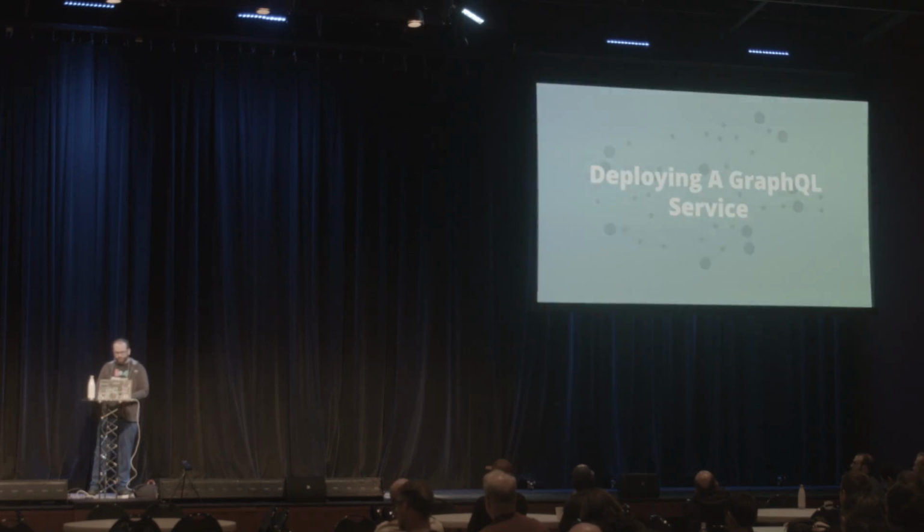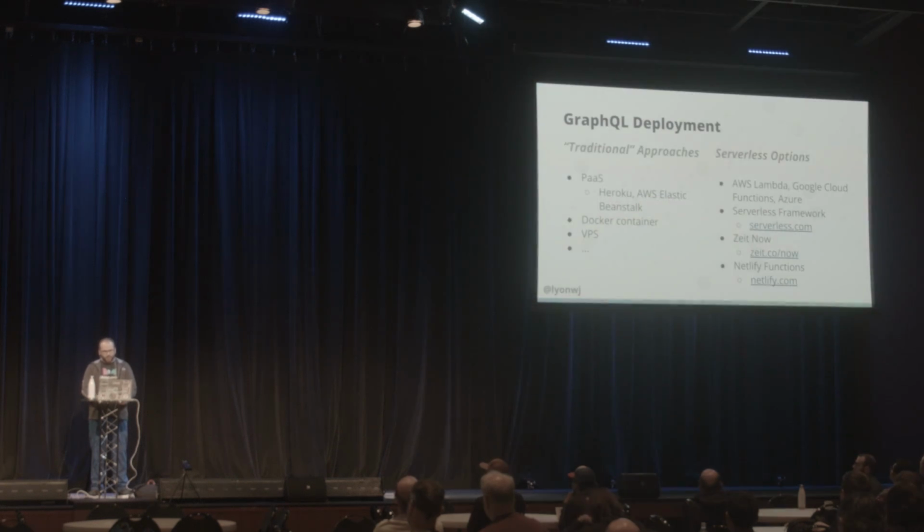Okay, cool. So we saw how we can run a GraphQL service locally. We're using Express as a Node.js app. How do we deploy these things? Well, there's lots of options here. I mean, we can deploy, in this case, our GraphQL API any way that we might deploy a standard Node app using platform as a service, like on Heroku, Elastic Beanstalk.